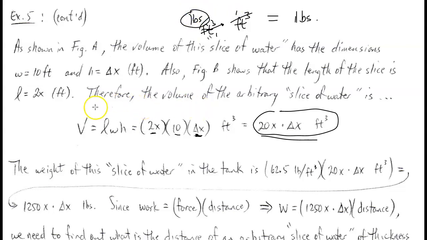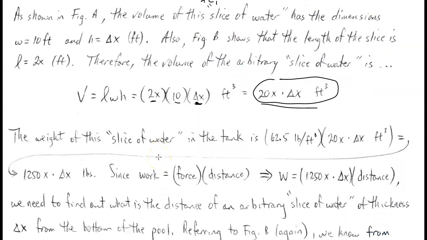And of course, knowing the weight density of the water is the thing that we need to know exactly how many pounds it weighs, okay? So here, if we take into account the weight density of the water, which is in pounds per cubic foot, and then multiply that times the volume in cubic feet of that particular slice, then again, the cubic feet reduce to 1, and all we have left is pounds.